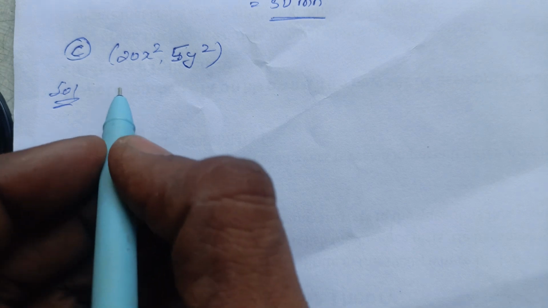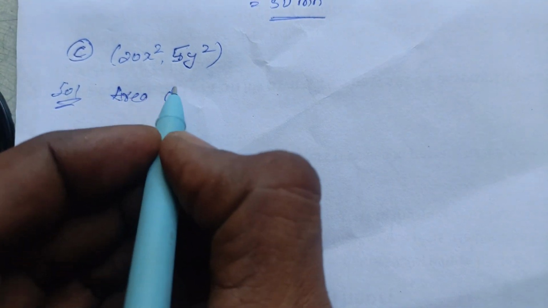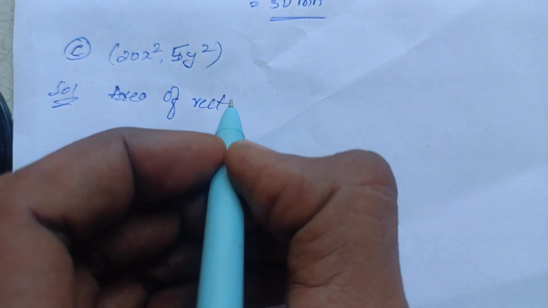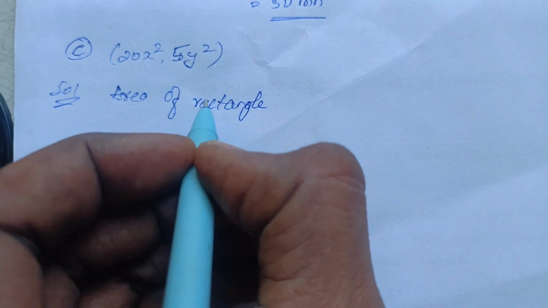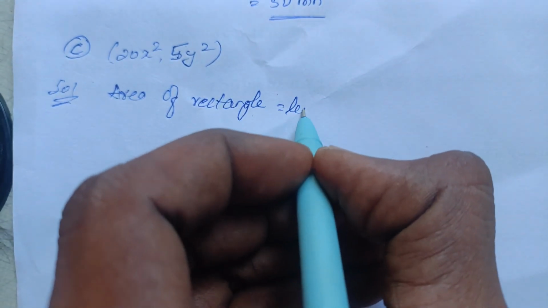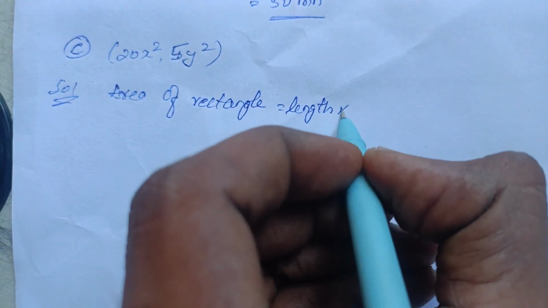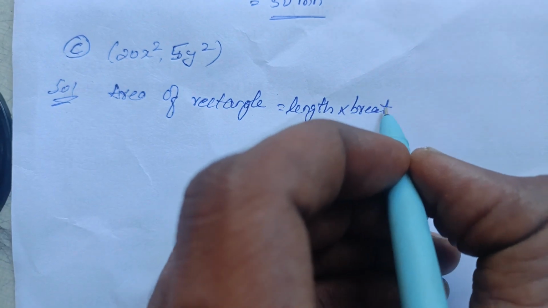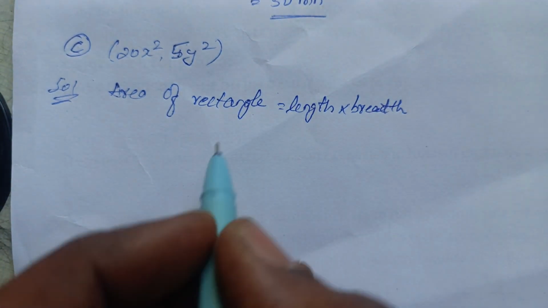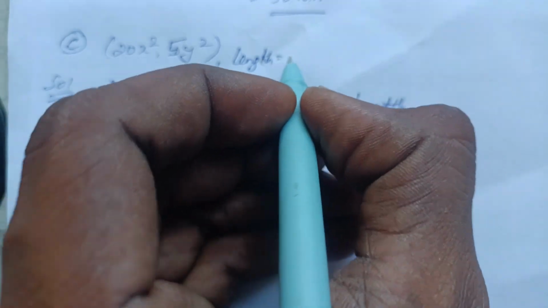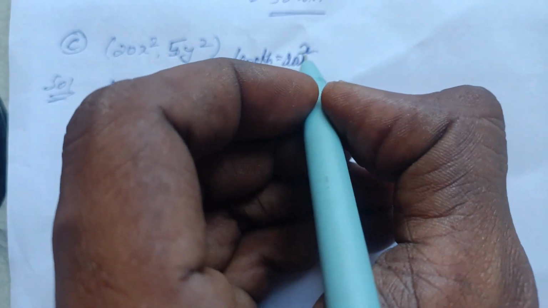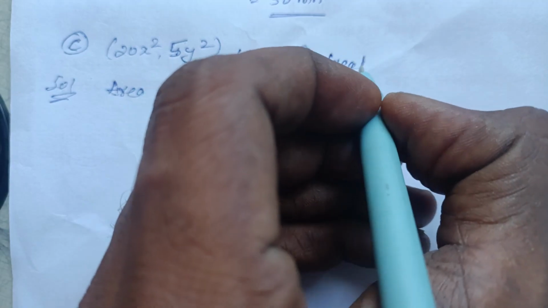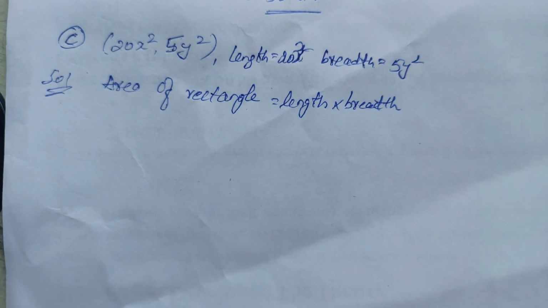Solution: area of a rectangle is length into breadth. Now from this we know that length is equal to 20x square, breadth is equal to 5y square.